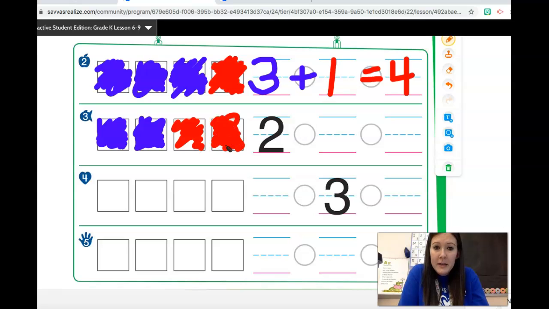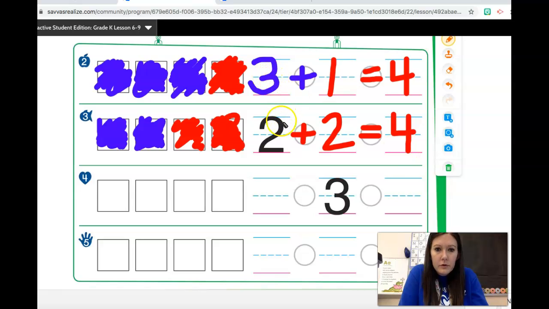Let's write the equation that matches. There's the 2 for the 2 blues. Plus, what was the red part? Oh yeah, 2. Equals, let's see, 2 plus 2 more. 1, 2, 3. Oh, there's still 4. 4 in all.